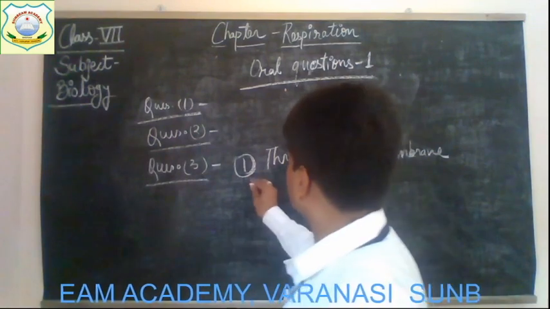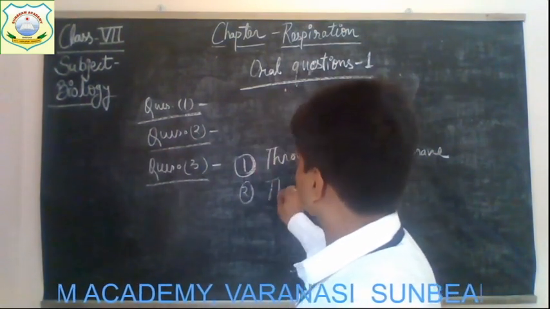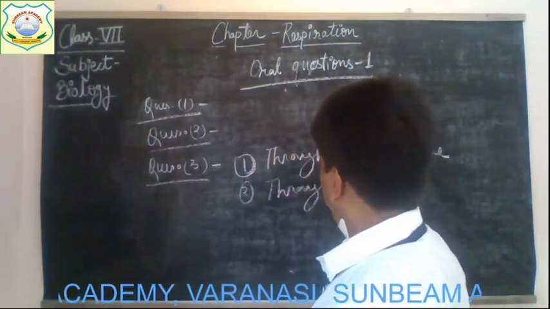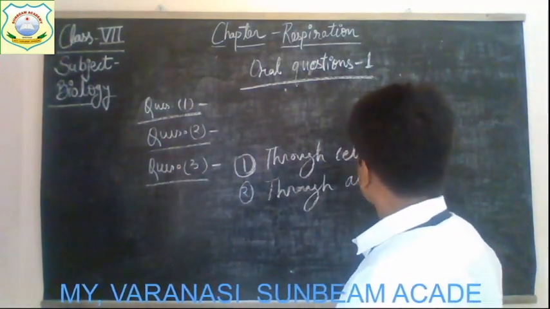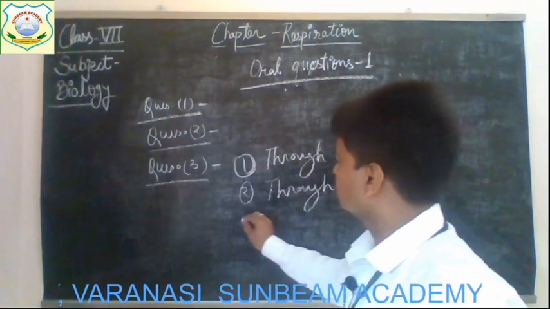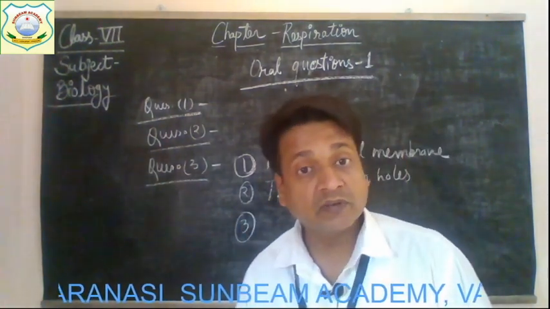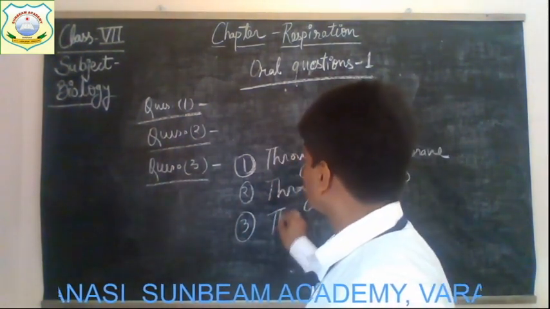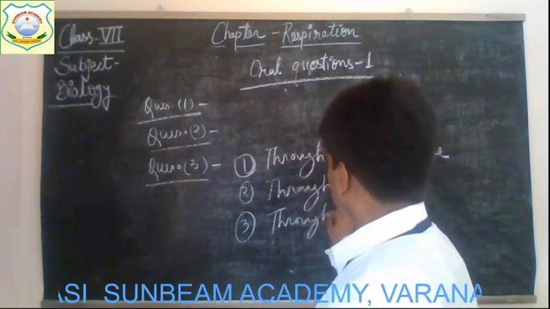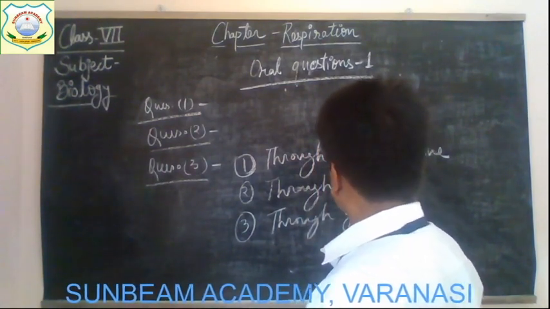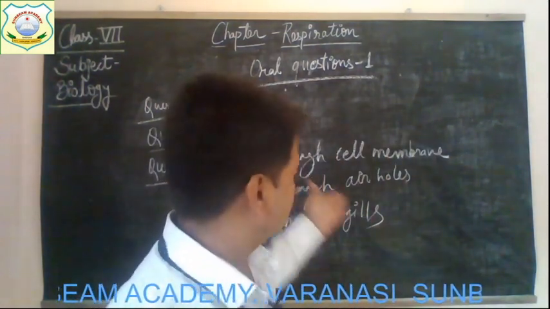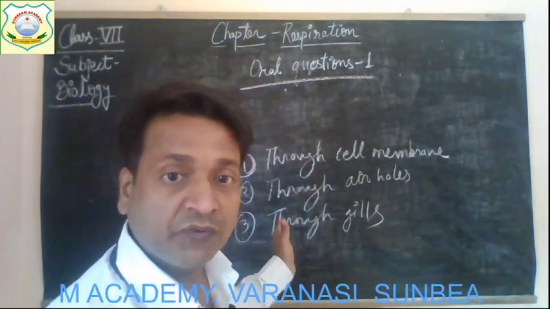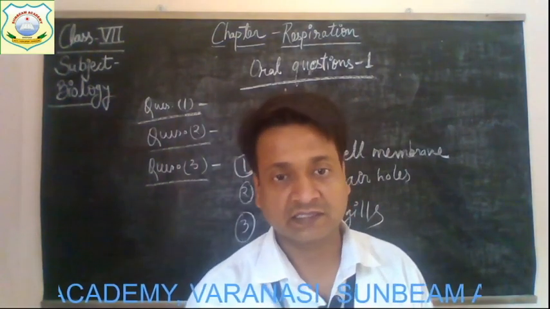Okay, the second will be through air holes or spiracles. Third one will be through gills. Fourth will be through lungs. Okay, so you can write any three of the ways of exchange of gases.